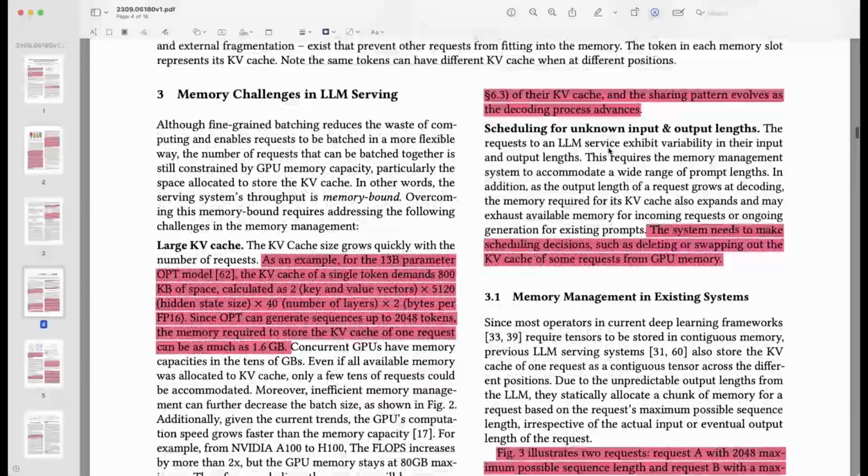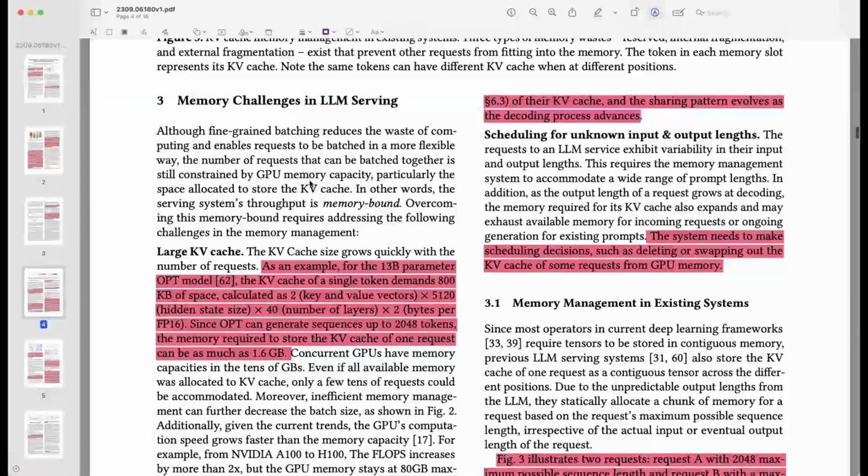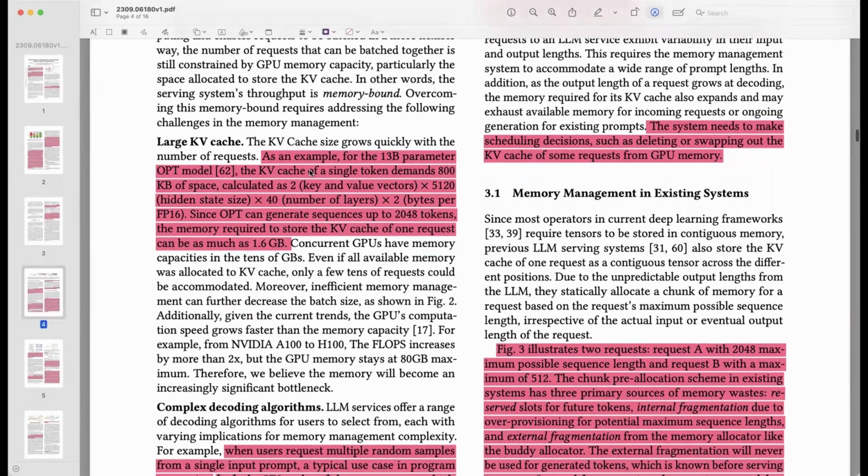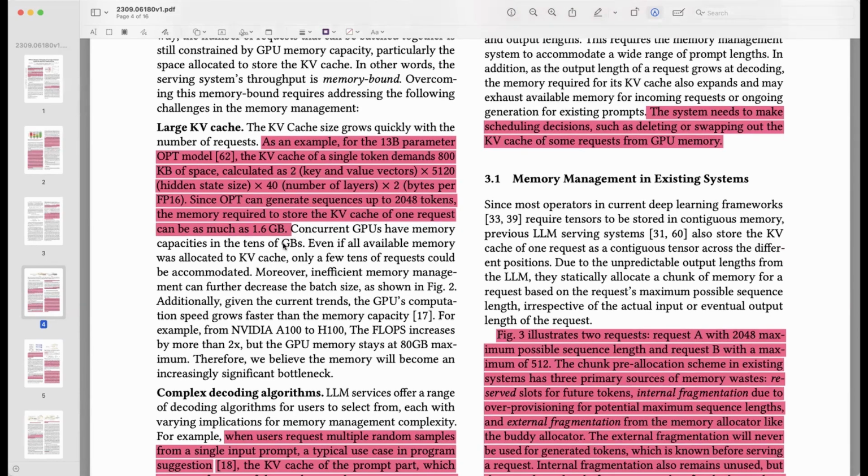So I think we went over some of the memory challenges in LLM serving, but this was a really great example of how big the KV cache actually is. If you have a 13 billion parameter OPT model, the KV cache size of a single token, calculated like this, comes out to be 800 kilobytes.